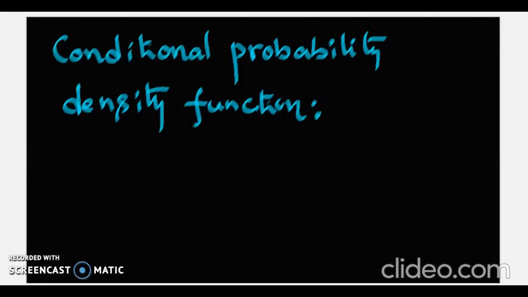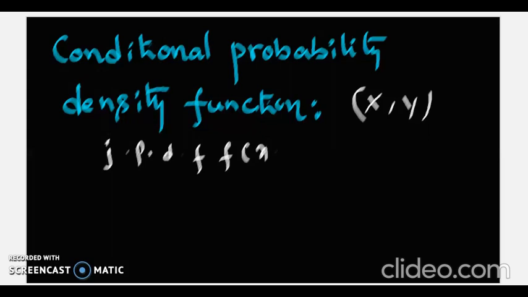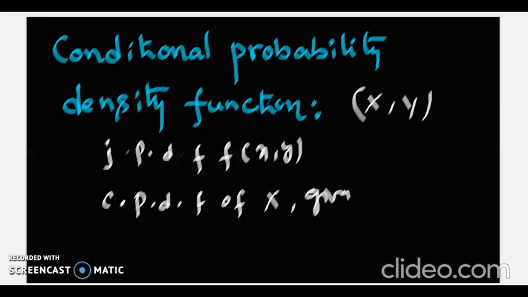Here let x comma y be two-dimensional continuous random variables with joint probability density function f of x comma y. Now the conditional probability density function of x given capital Y is equal to small y is defined as f of x by y.